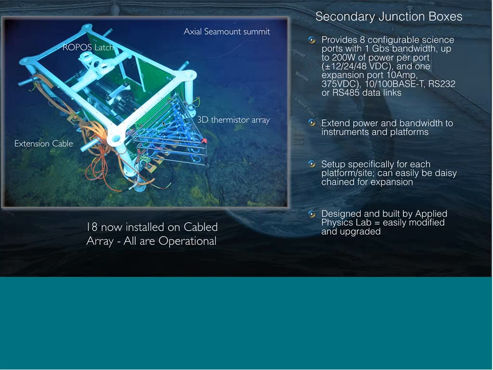The nice thing about these is most of it's built by the Applied Physics Lab, and it has a latching mechanism that is an industry latch, so the vehicle can latch right into the secondary junction box, and it's very easy to get it through the seawater air interface. It's super safe, and it also allows you to put it very precisely on the seafloor.